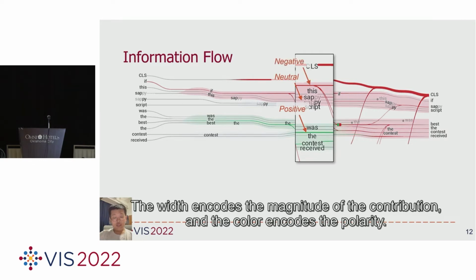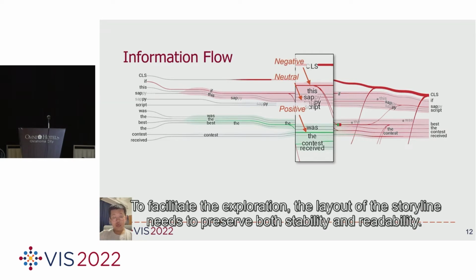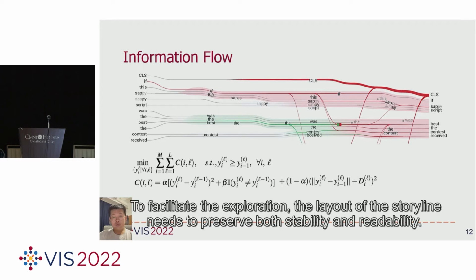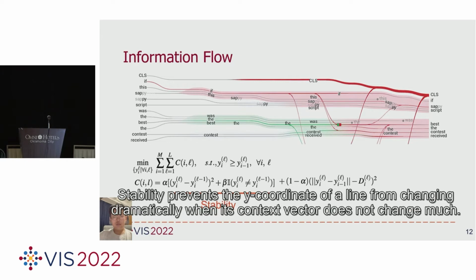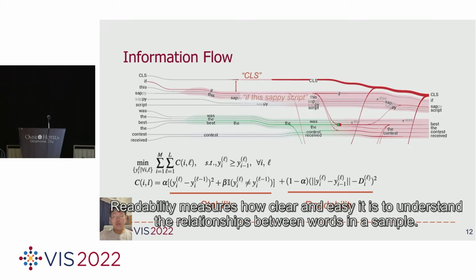To facilitate the exploration, the layout of the storyline needs to preserve both stability and readability. Stability prevents the y-coordinate of a line from changing dramatically when its context vector does not change much. Readability measures how clear and easy it is to understand the relationships between words in a sample.